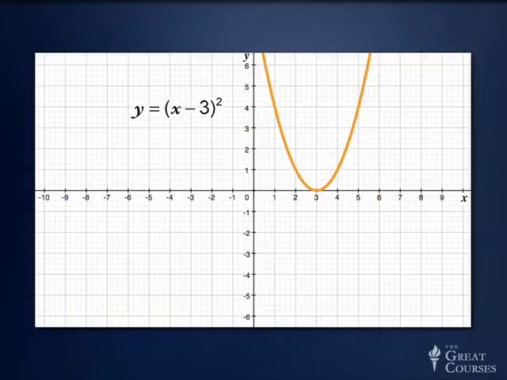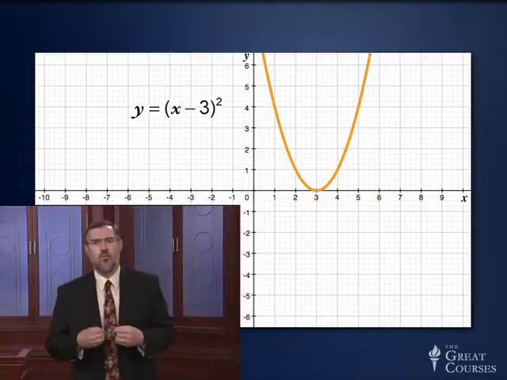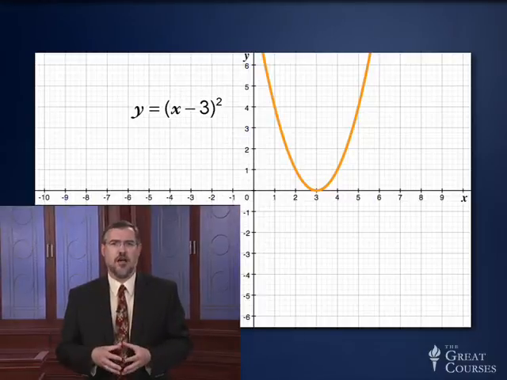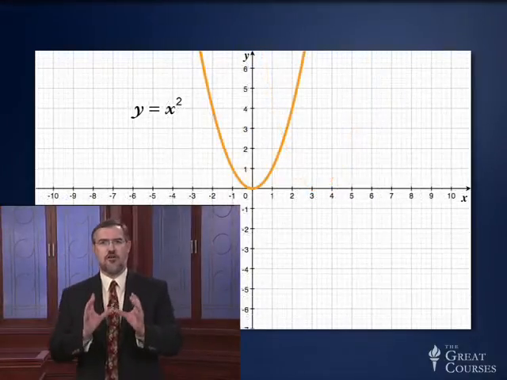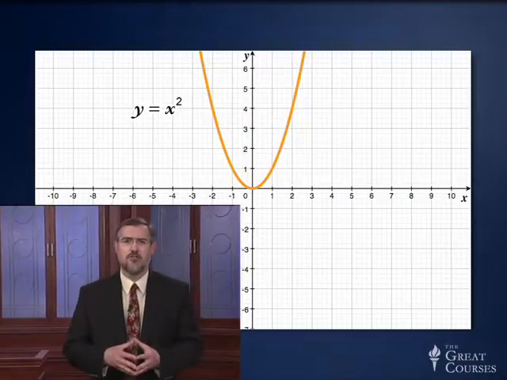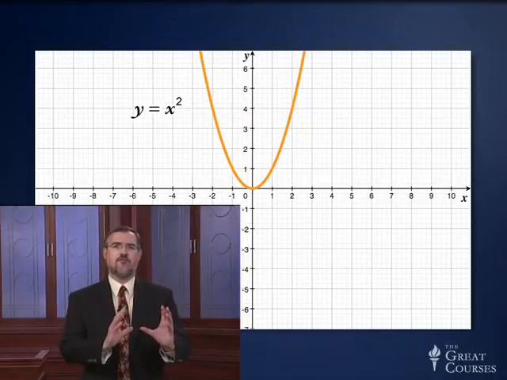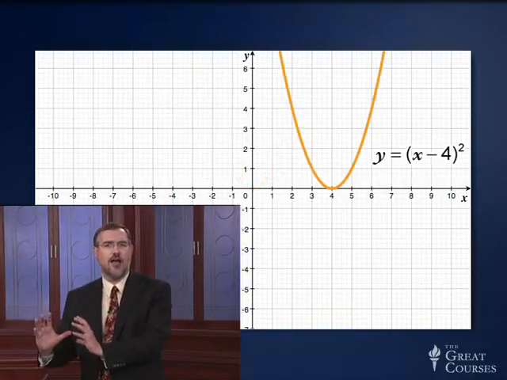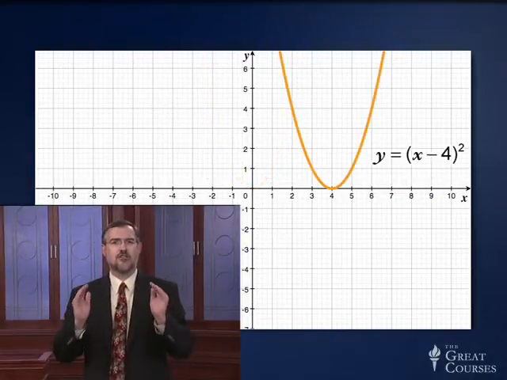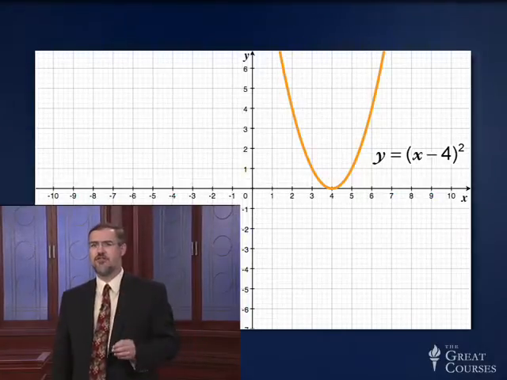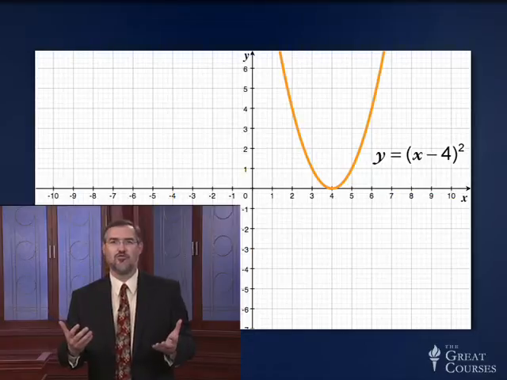Okay, let's try something very similar. What would the graph of y equals x plus 4 squared look like? Well, if you start again with the graph of y equals x squared, the one we started with a few moments ago, and now move it 4 units to the left, then you would have the graph of y equals x plus 4 whole thing squared. And this leads us to the first of our graph changing rules, if you will.